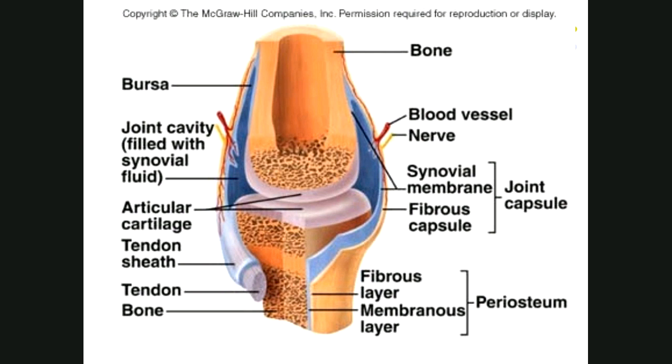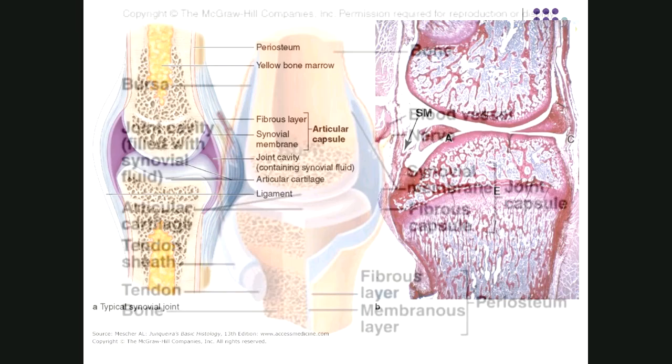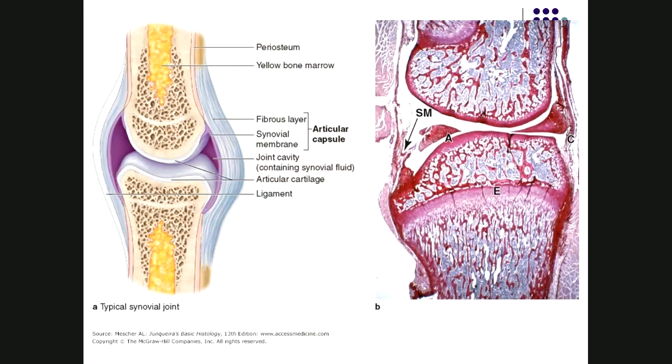When we look at these, they have certain characteristics about them. Before we talk about individual types of synovial joints, let's just talk about one in general. Here's just a picture of a general synovial joint, and you can see lots of things. You can see this cavity, and remember, it's got fluid in it.